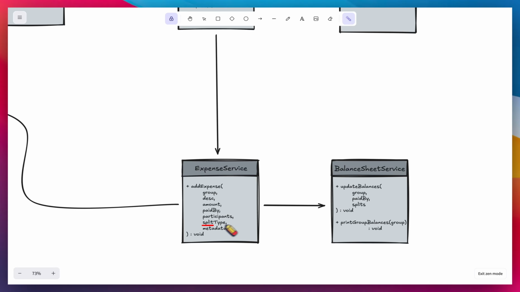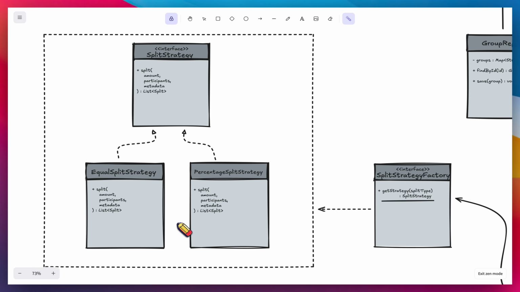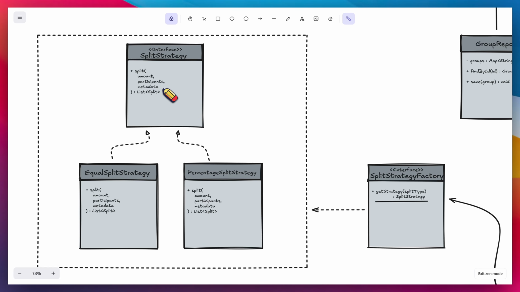So on the basis of split type, what I'm doing is creating the split strategy. I am using the strategy design pattern for splitting the bill. So there is one split strategy interface which has a function called split, and I want to split this amount among these participants, and I will also pass some metadata, right?